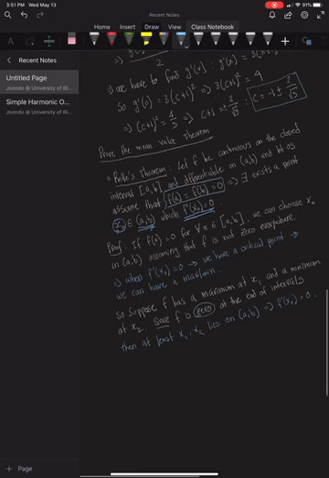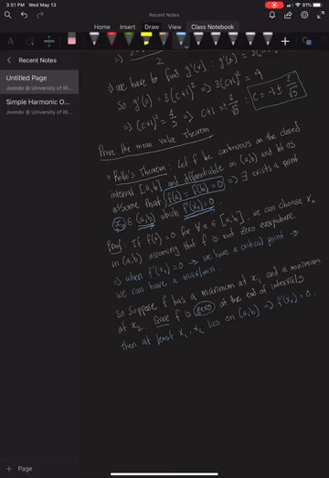Now, to prove the mean value theorem, we have to know about Rolle's theorem, but there's another theorem we have to know, and this is the horse race theorem. Okay?